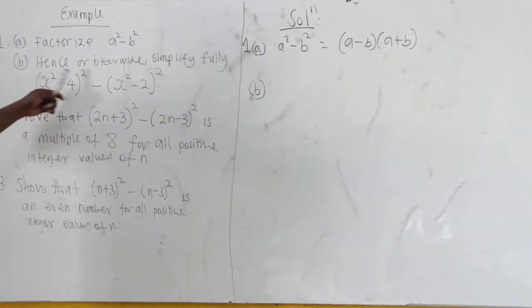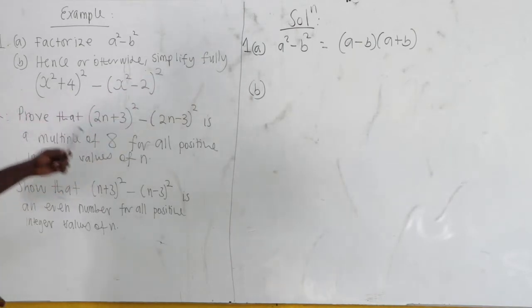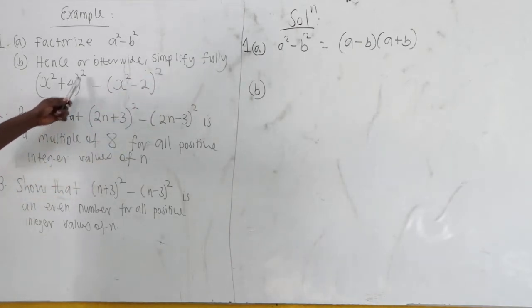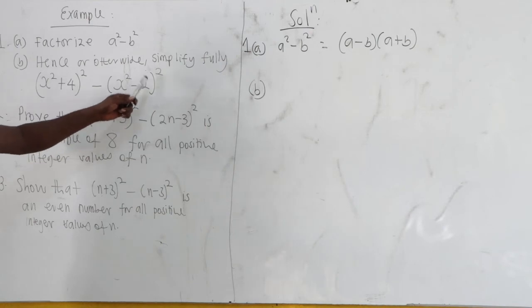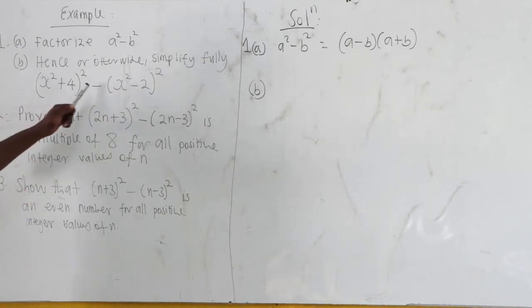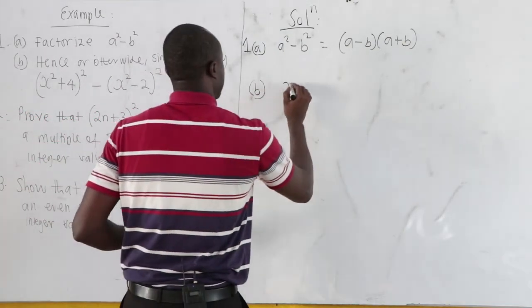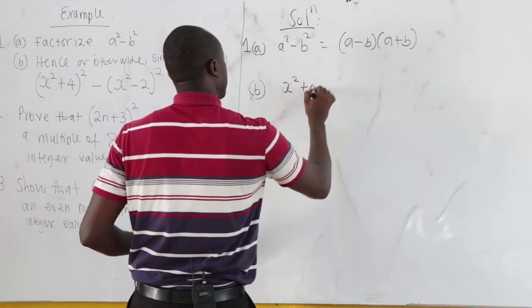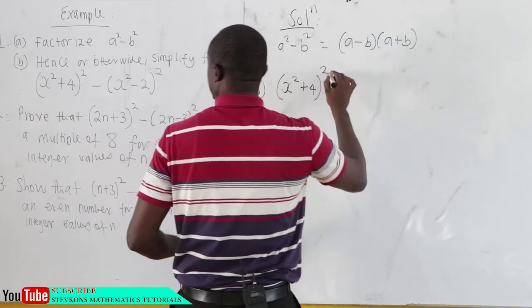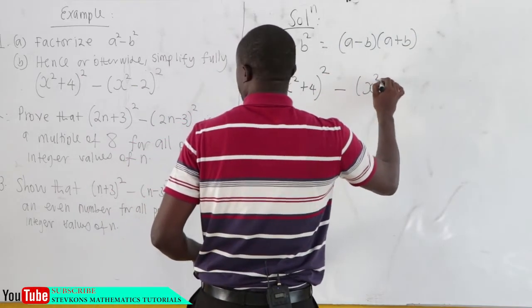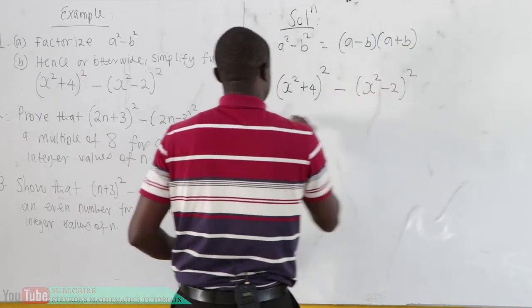The b says that hence or otherwise, simplify fully x squared plus 4 all squared minus x squared minus 2 all squared. So that's a difference of two squares. Over here, we have x squared plus 4 all squared minus x squared minus 2 all squared.